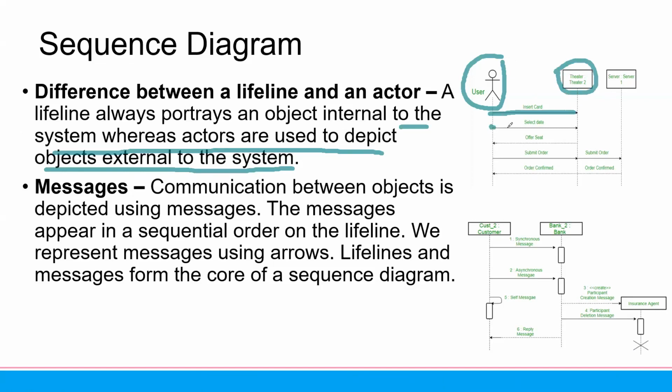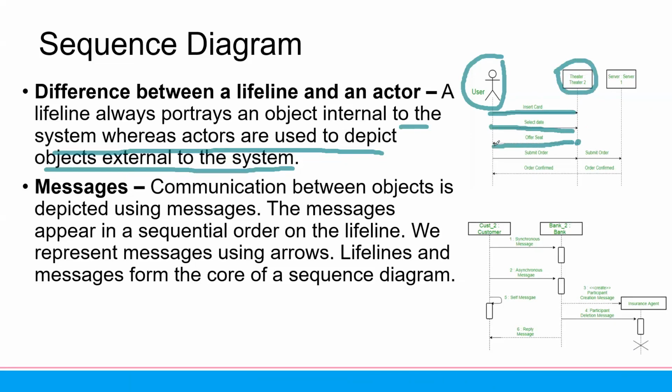And then the user needs to select the date. After the user inserts the card and selects the date, then the theater, in this case maybe a kind of kiosk, will show the offer of seats.